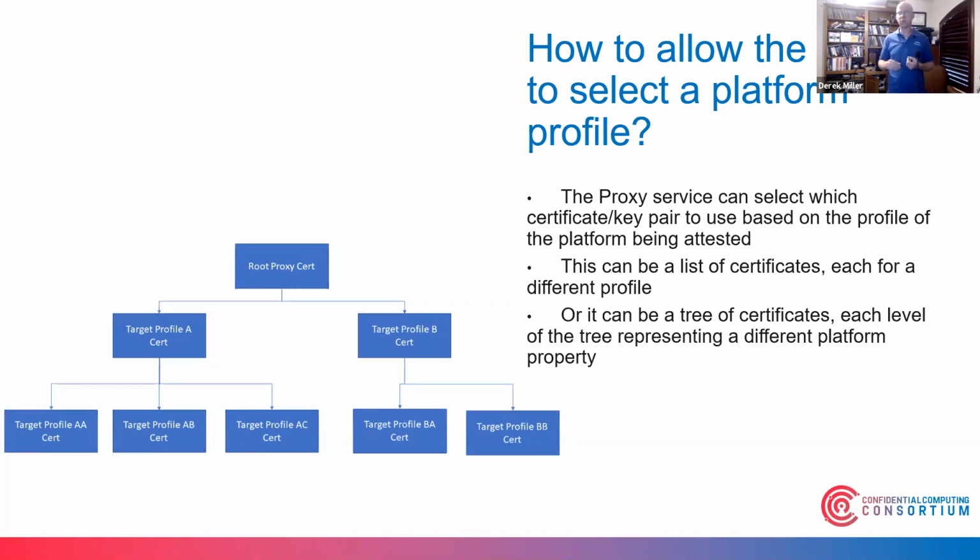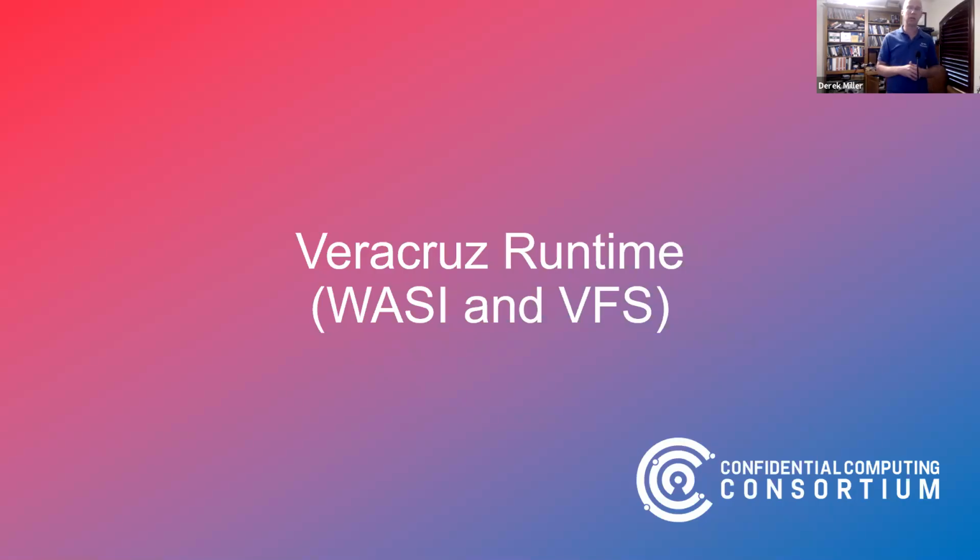But it will accept a number of certificates. For example, if it selects target profile ACERT on the left, then any of the AA, AB, or AC profiles will also be authenticated for it. So it's a fairly straightforward policy enforcement. It's basically selecting which certificate or certificates the client trusts. And with that, I will hand off to my colleague, Shale.